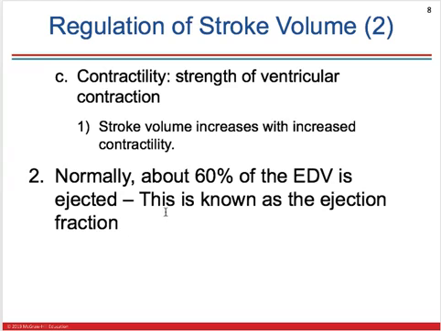This is the percentage of the blood that is ejected from the heart with one ejection, with one systolic phase. And so it's the percentage of the end diastolic volume that leaves. So it is the stroke volume divided by the end diastolic volume gives you the ejection fraction. And typically it's about 60%. It goes up with exercise.